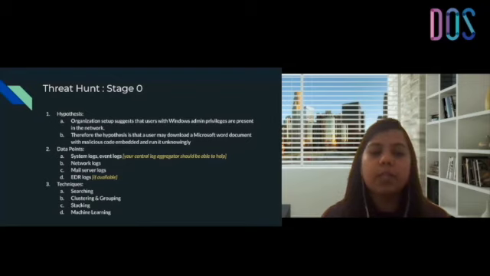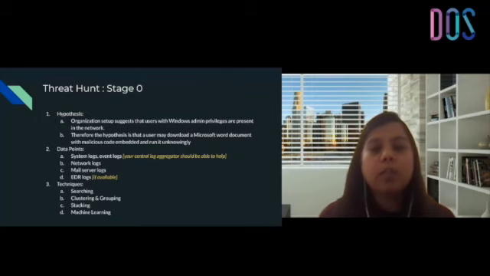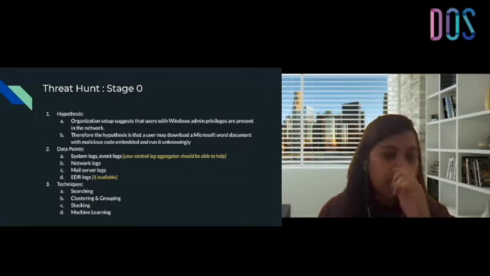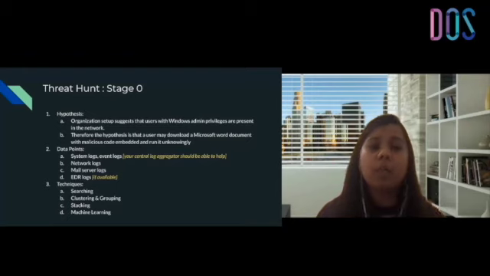You need to collect system logs, event logs, network logs, mail server logs, and even EDR logs. A lot of startups or companies which have just started do not use EDRs, but that's completely okay. That's a personal call for the organizations, but there are advantages to having an EDR.